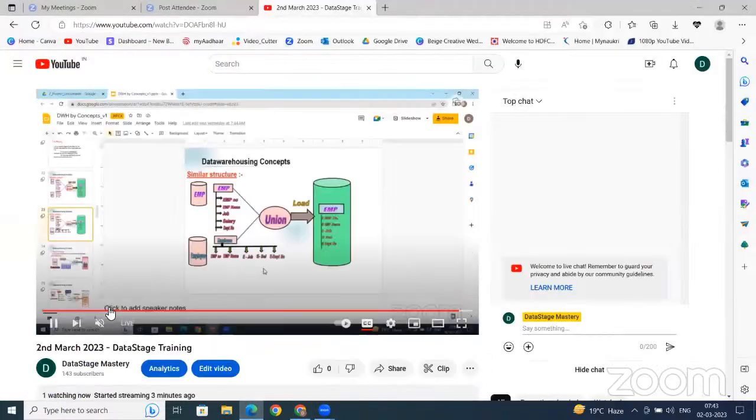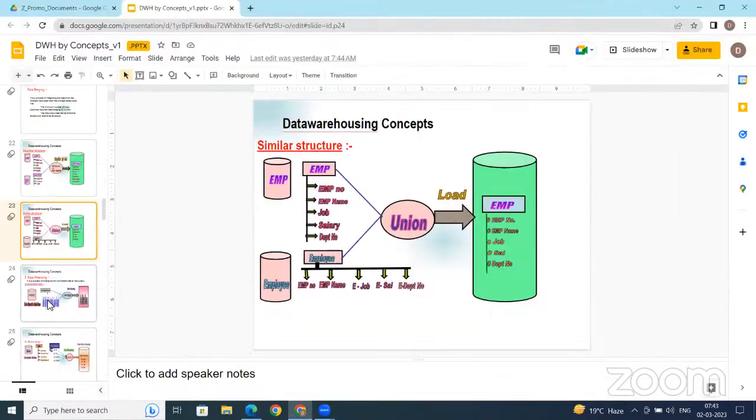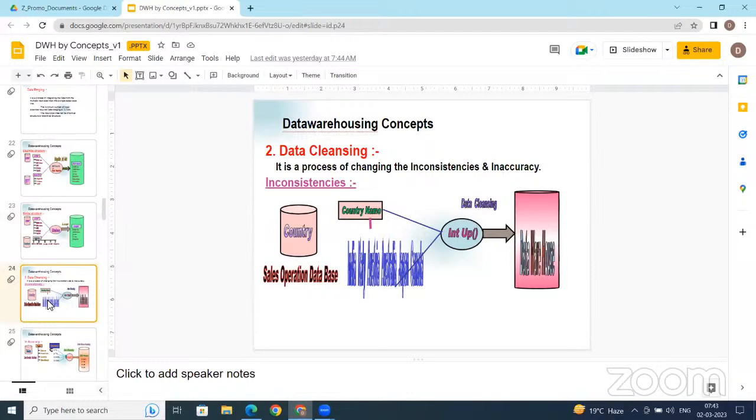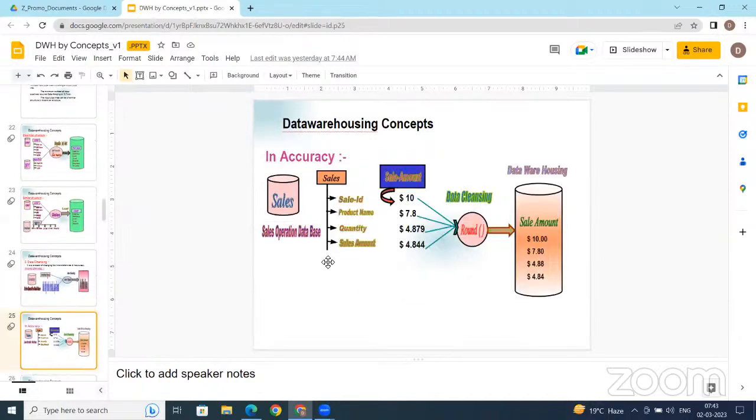Another thing we have discussed is data cleansing. Data may come in an inaccurate format, for example content with a mix of small letters and capital letters. We need to make it a single format, all in caps. Here you can see the sale amount $10, $7.8. We need to round off and make it a proper, visible format.